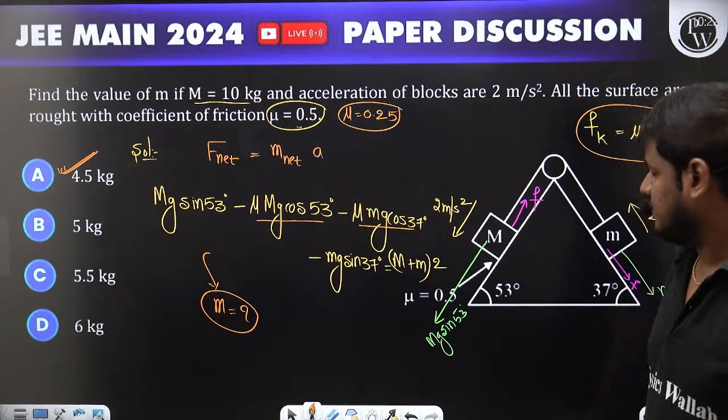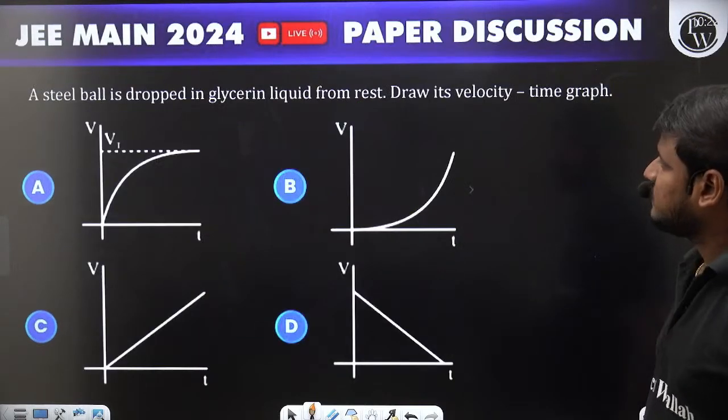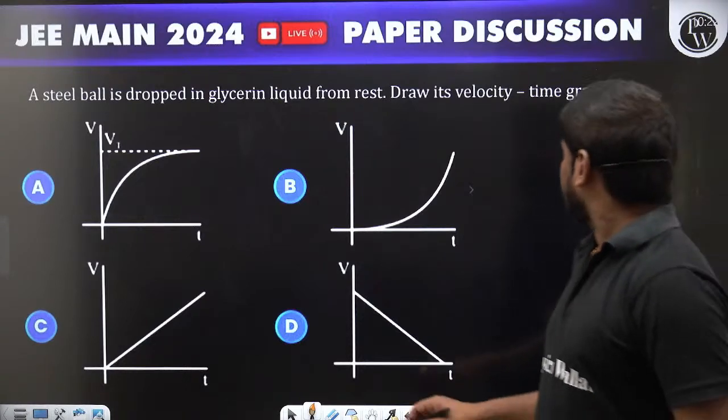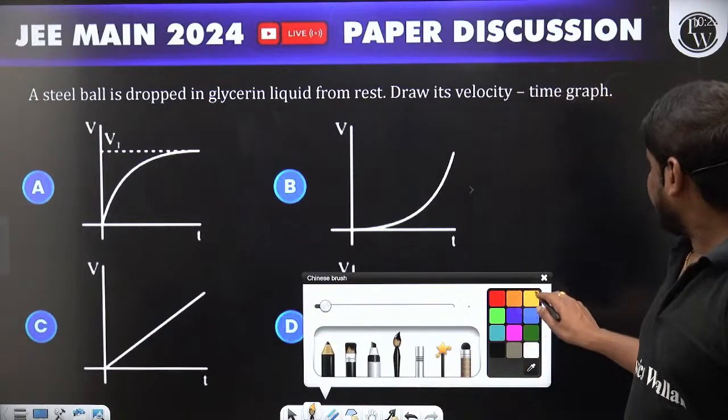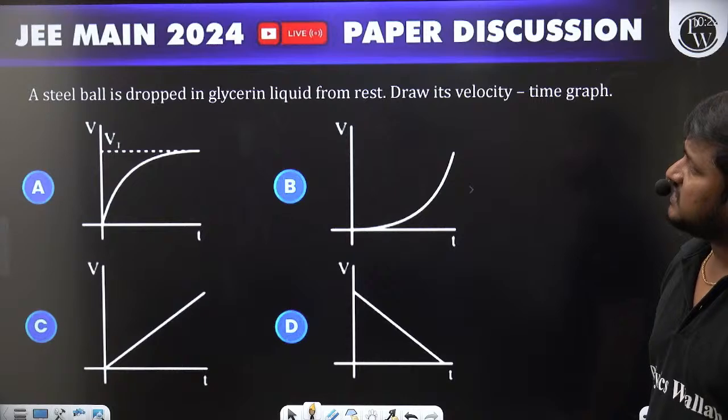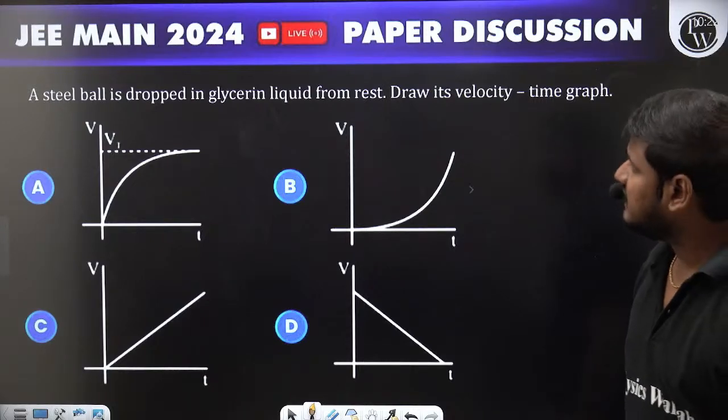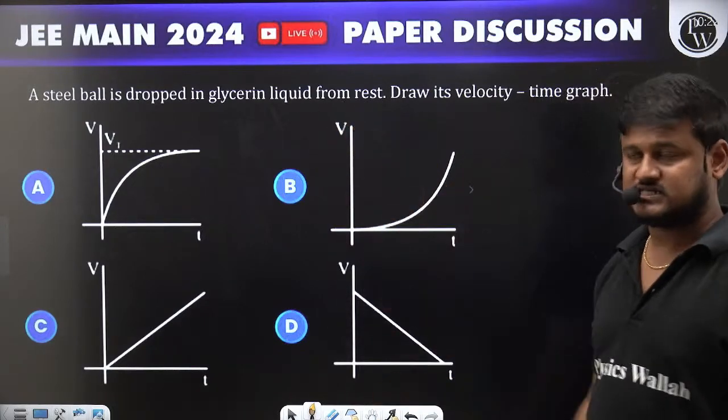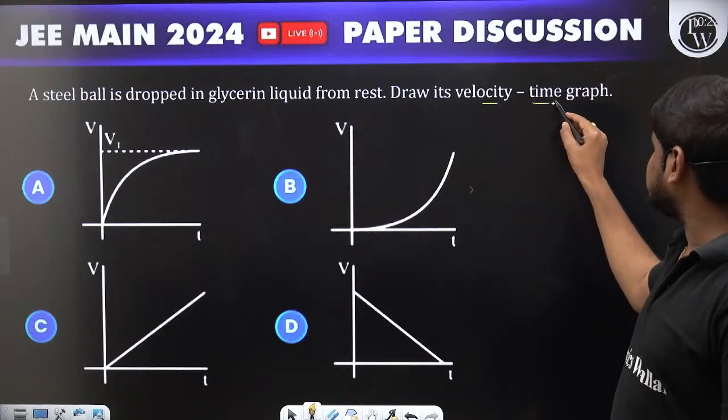Good. So this question is from fluid mechanics, surface tension. A steel ball is dropped in glycerin liquid from rest. Draw its velocity time graph.